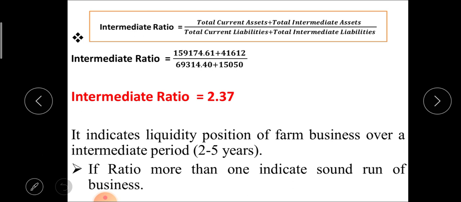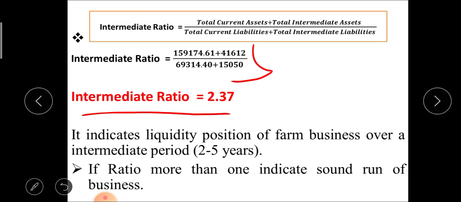Here the current assets are 1,59,174.61 plus intermediate assets 41,612, divided by current liability 69,314.40 plus intermediate liability 15,050. By calculating this we get the intermediate ratio, which is 2.37.